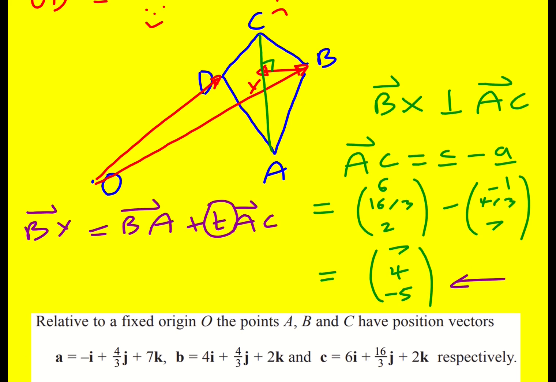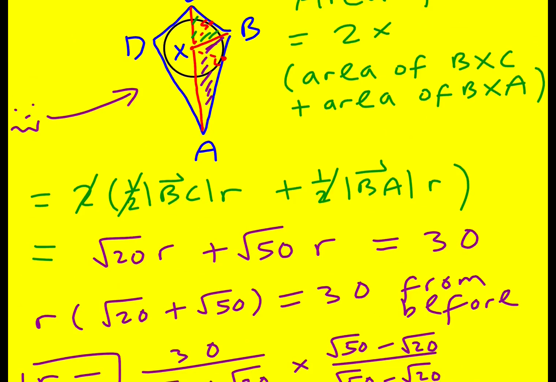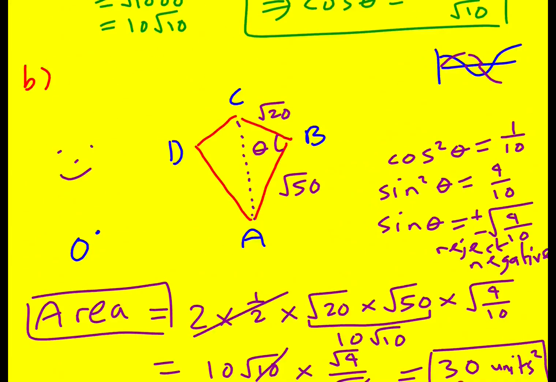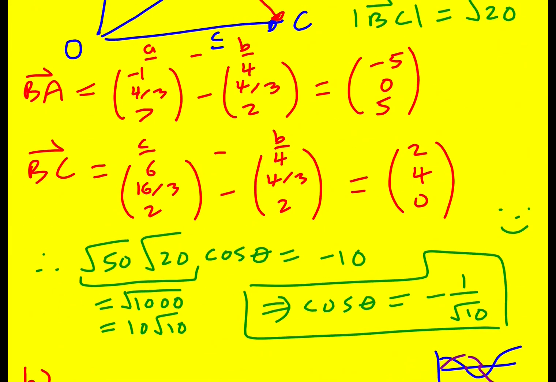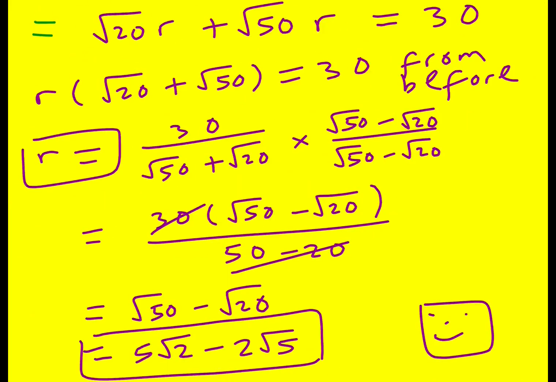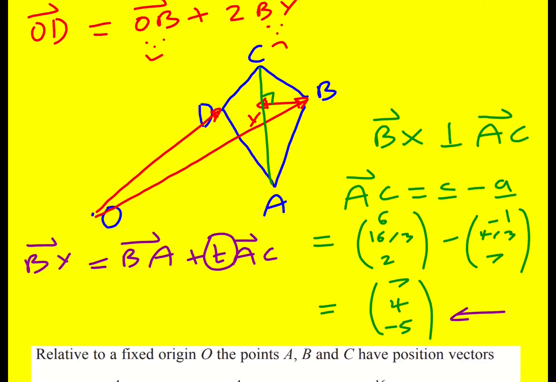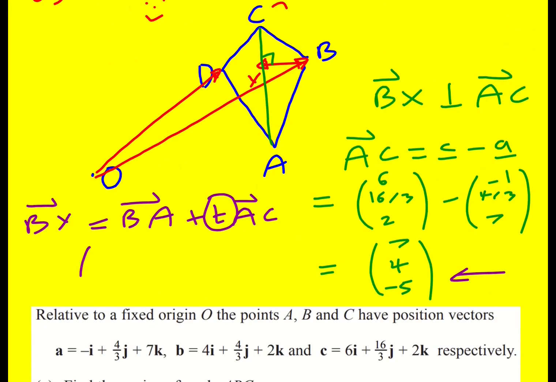So BA, we calculated it, I think, before, did we? Here we go, minus 5, 0, 5. And then we're going to plus t times AC, which we just calculated there.